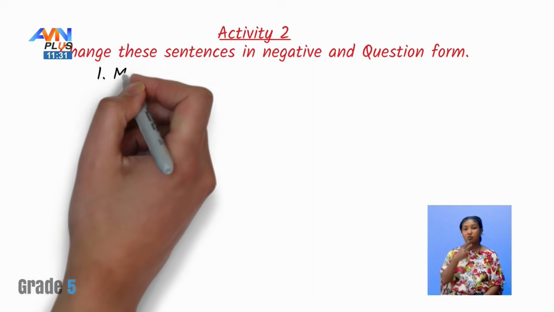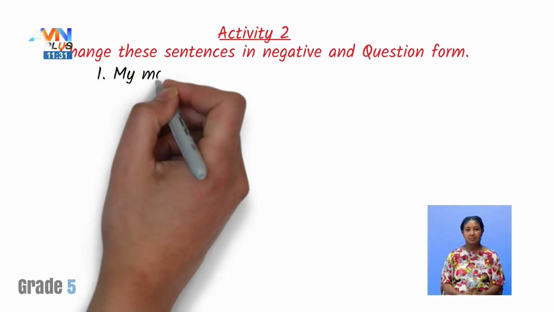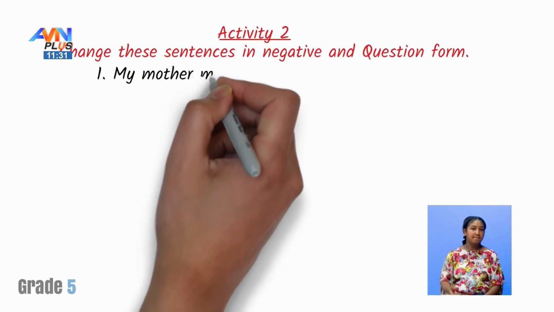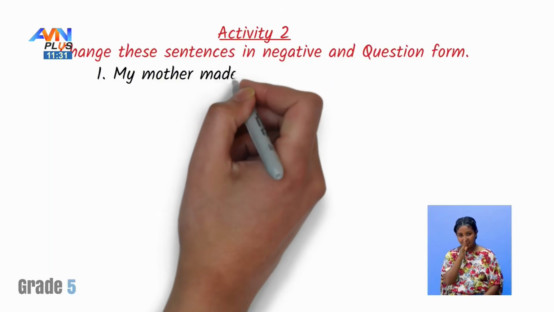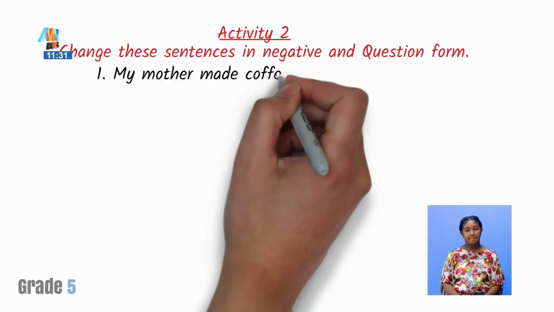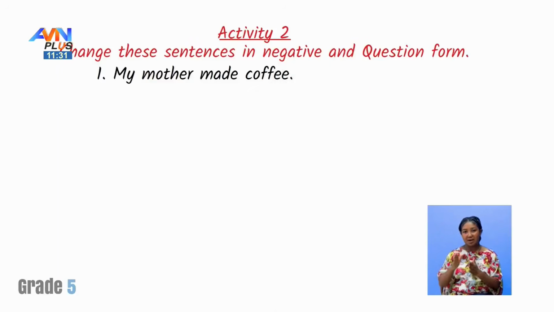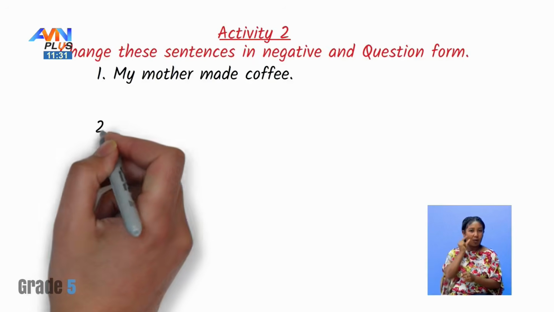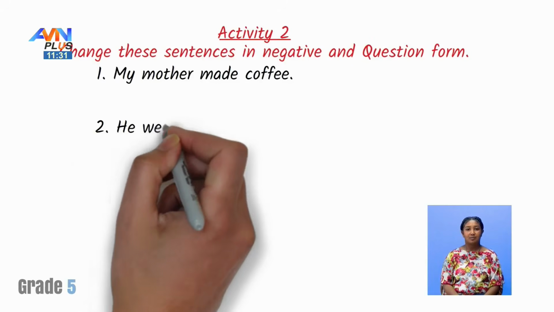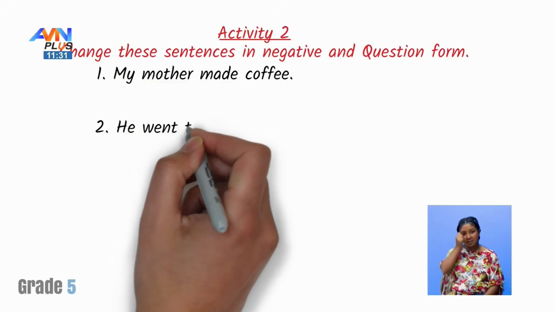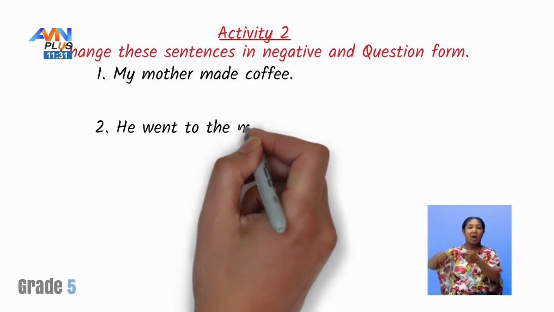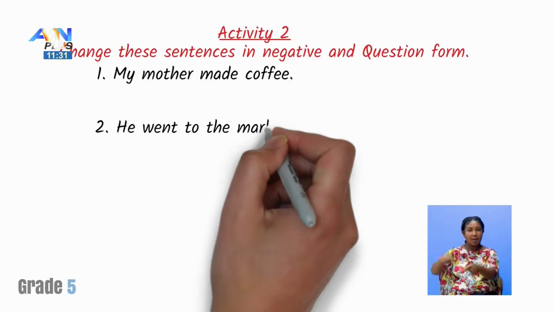Look, number 1. My mother made coffee. Number 2. He went to the market.